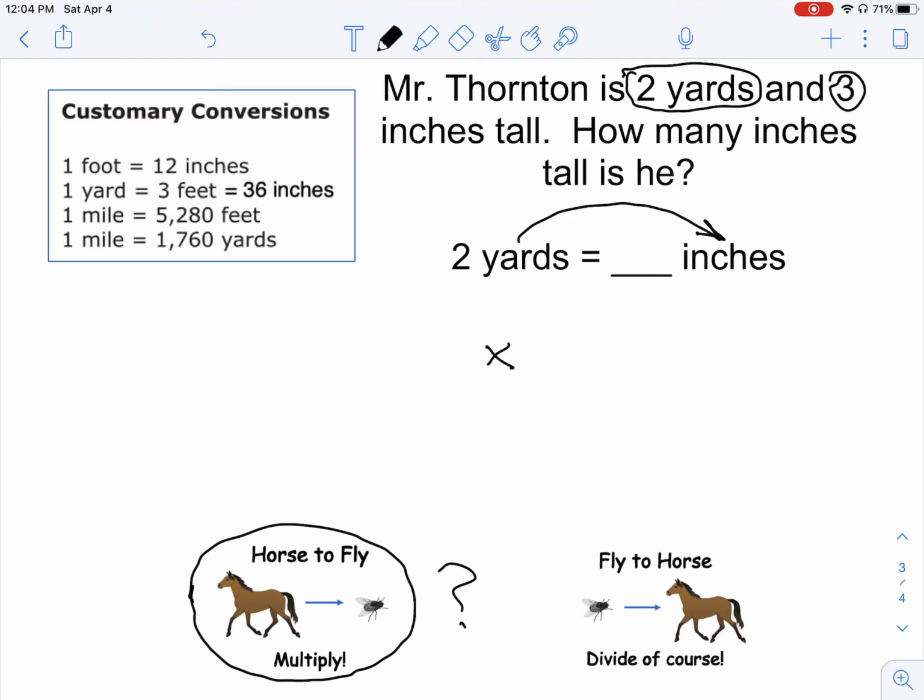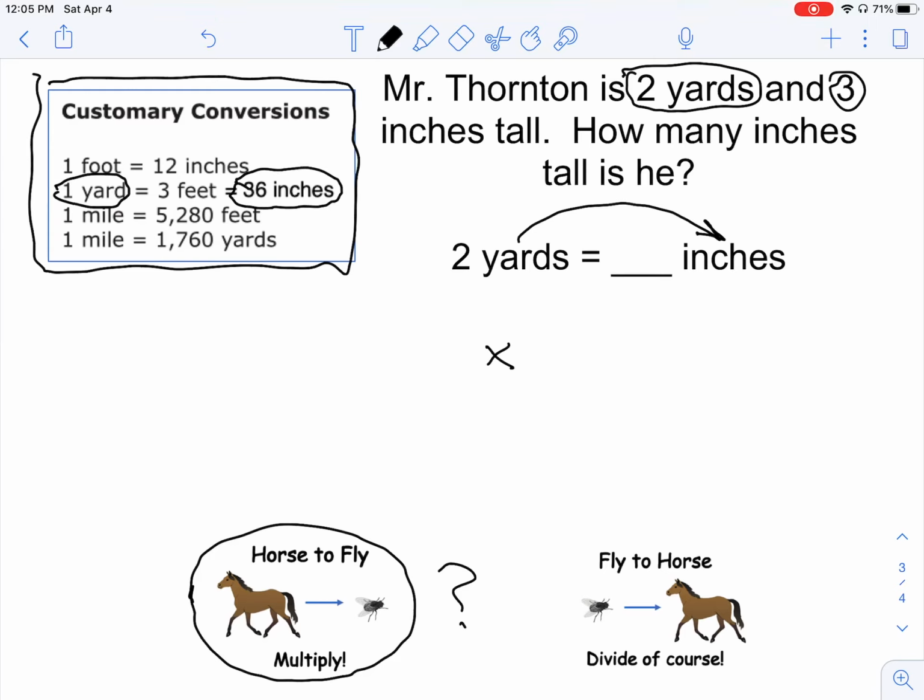Now, looking over here at the conversion chart, I have yards equals 3 feet, but it equals 36 inches. You kind of have to skip over the feet to look and see how many inches. 1 yard equals 36 inches.